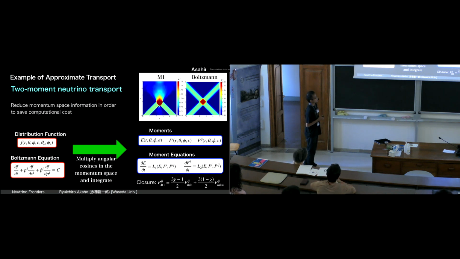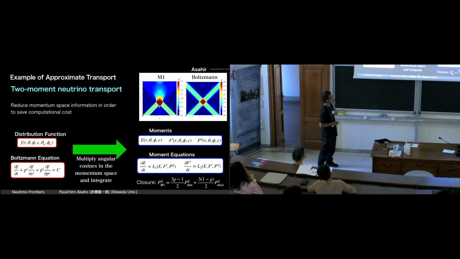However, solving the Boltzmann equation is expensive. So usually moment-based methods are used for neutrino transport in the field of core-collapse supernovae. We have a distribution function which depends on three variables in space and three variables in momentum space. You multiply the angular cosines to this distribution function, and if you take the momentum space integration, you can obtain moments, and you can obtain moment equations.